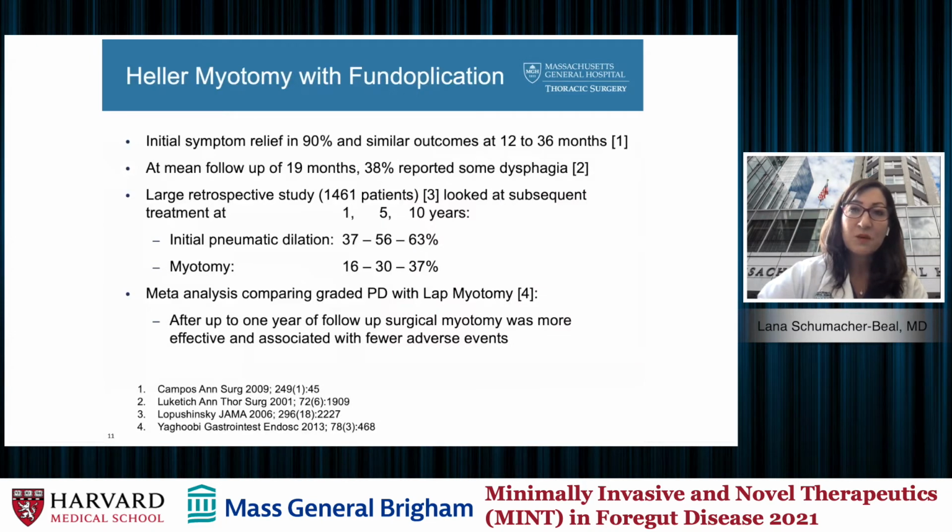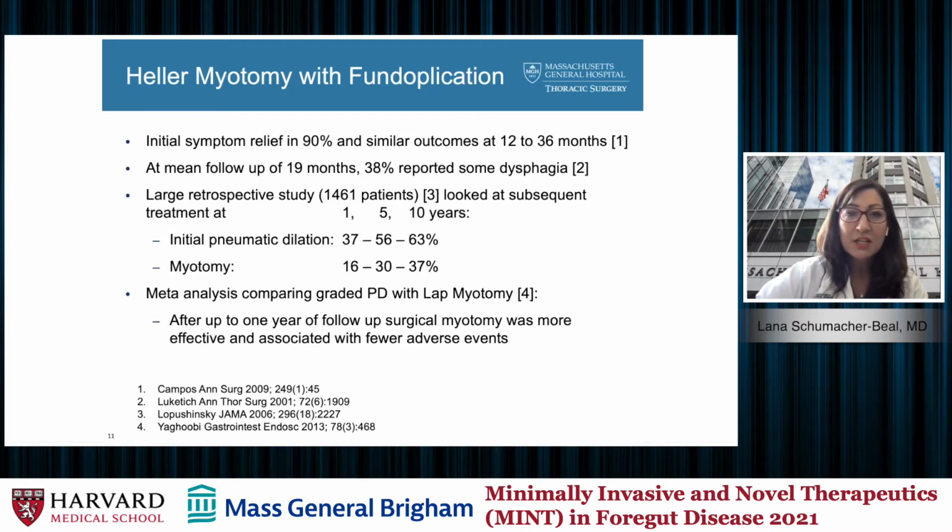So what are the results? There's initial symptom relief in over 90% of the patients, and they showed similar outcomes between 12 to 36 months. And at mean follow-up at 19 months, there were about 30 plus patients that did have some dysphagia.